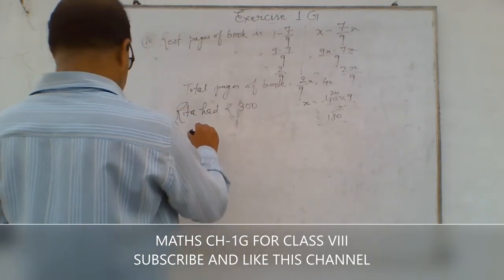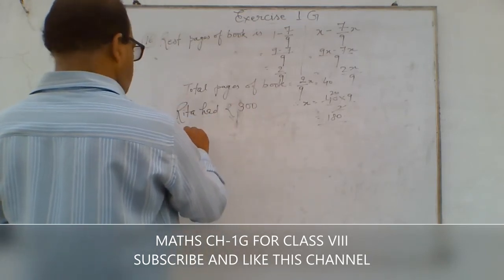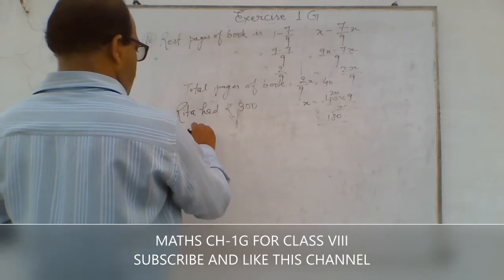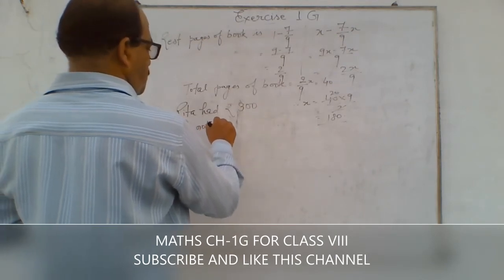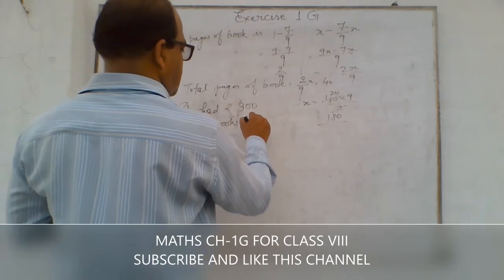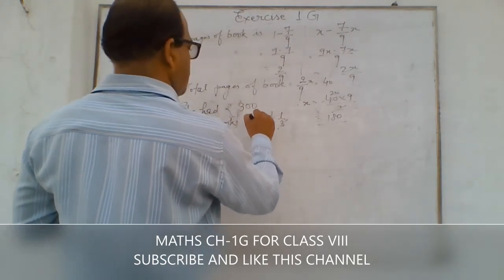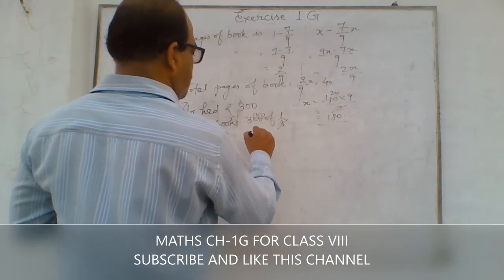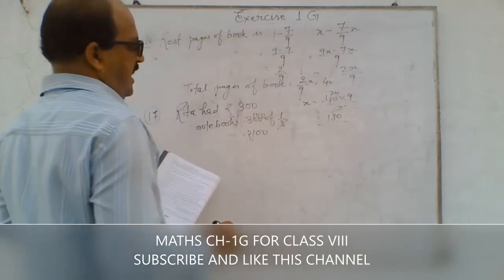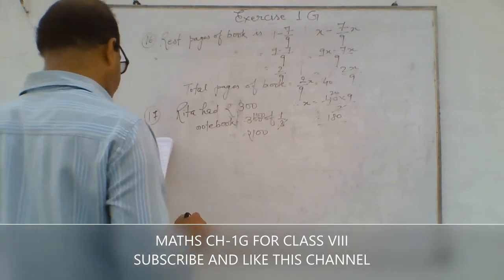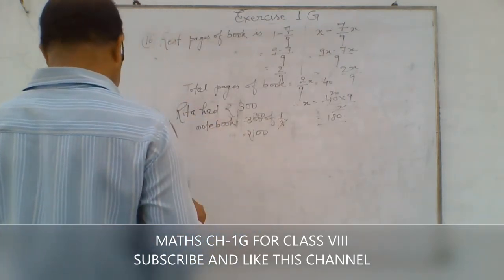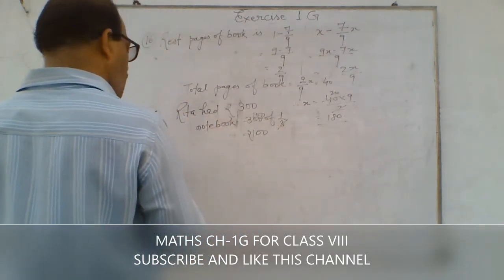On the notebook, she spends 300 of 1 by 3. It means 100 rupees she spent on the notebook, and 1 by 4th of the remainder.